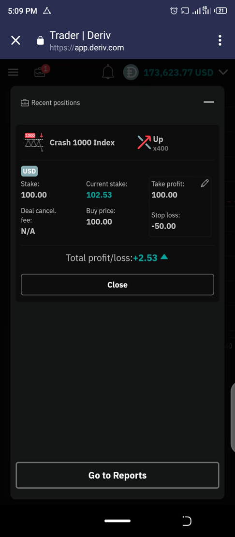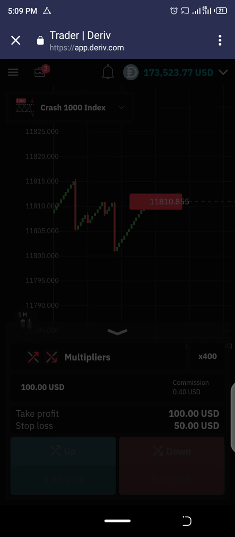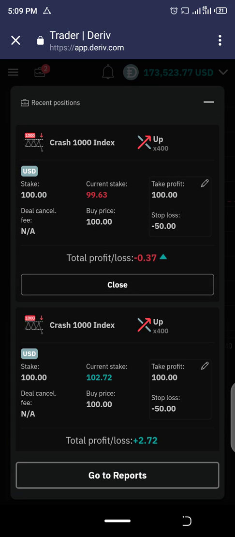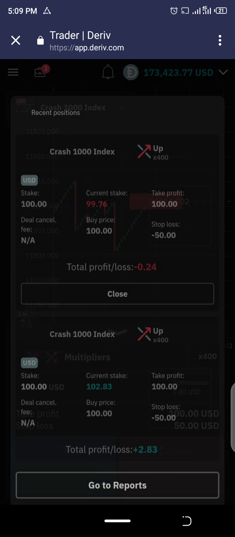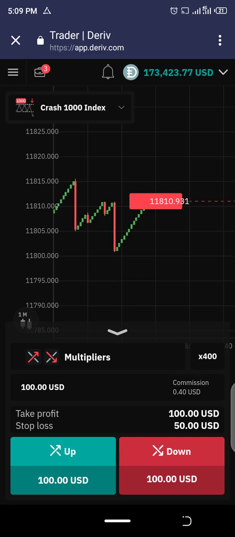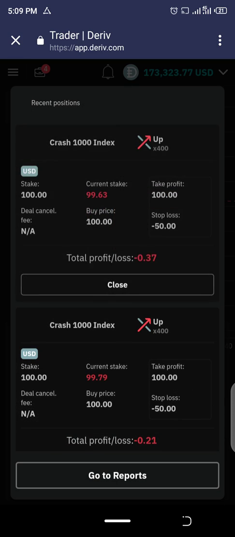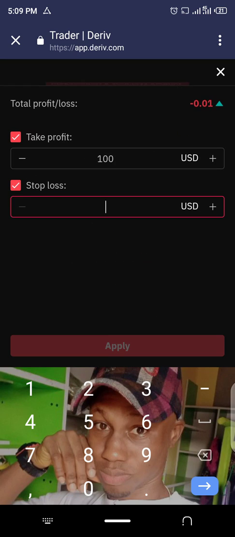Let me assume I enter multiple positions and see. Let me open multiple positions and see how it goes. Okay, 4 positions are opened, and let me adjust the minimum loss that can be accrued.